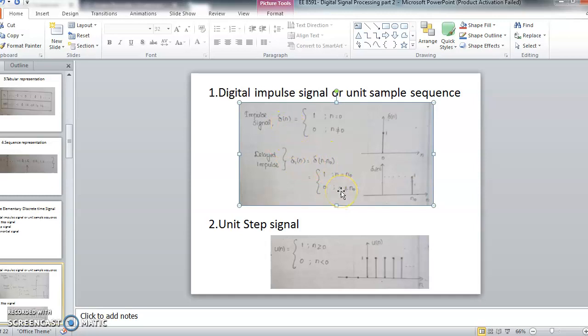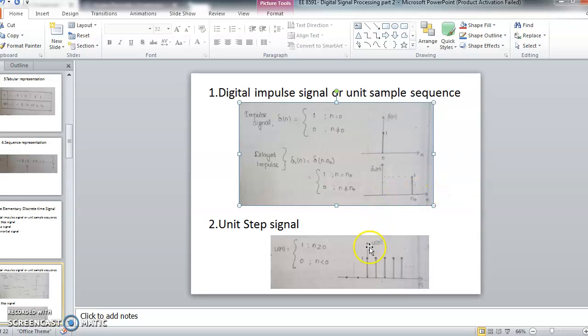That signal can be represented like this: it is 1 for n equal to n naught, and 0 otherwise, that is, n not equal to n naught. So only at n equal to n naught will there be a value, otherwise all the other values are 0.